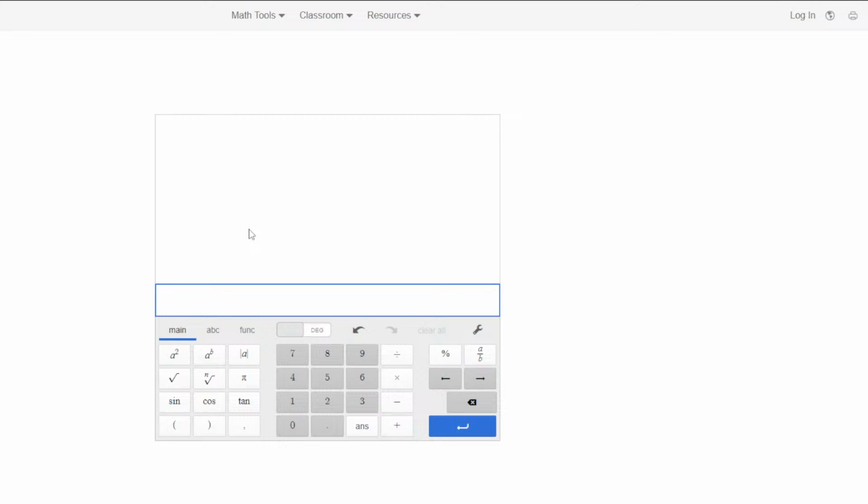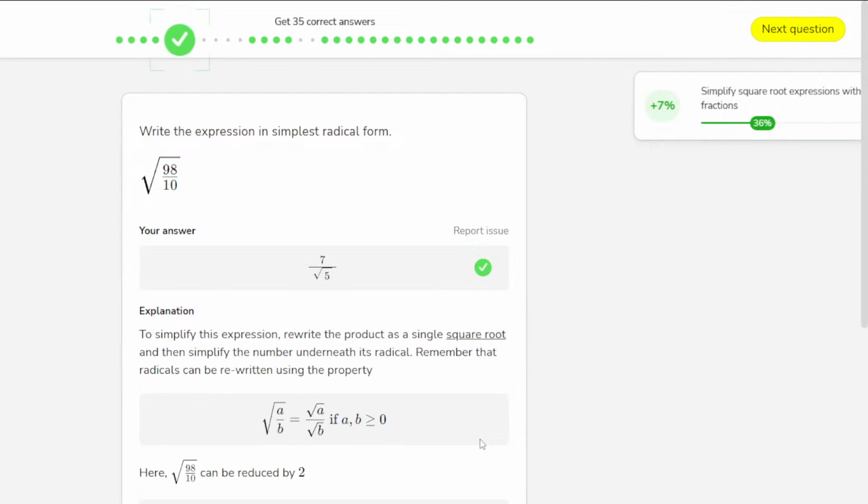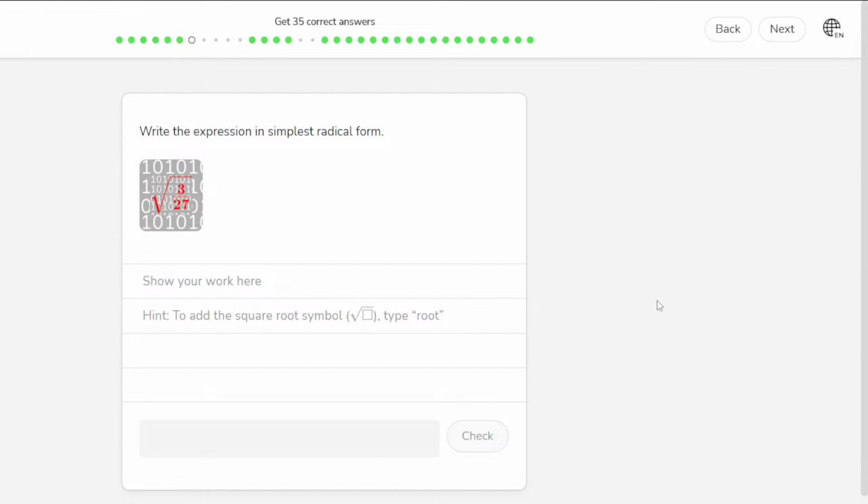Seven times 7 over 5. So also 7 squared over 5. So it's also 7 over square root of 5. Let's try that. 7 over the square root of 5. Yes! Yes! Oh my goodness. I hate radical expressions so much.